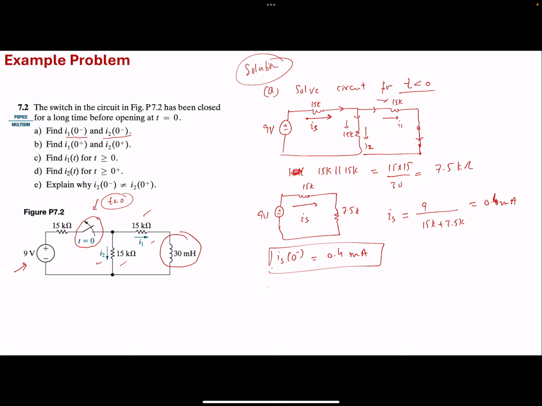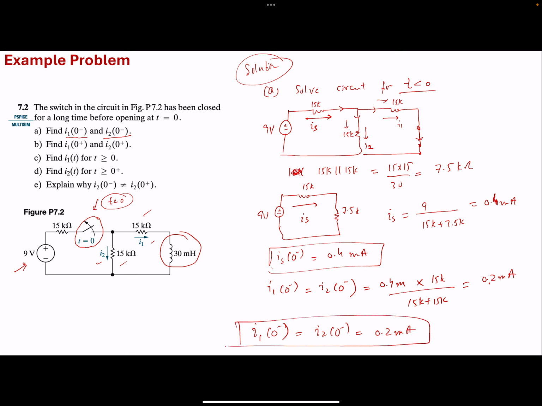So I1 at 0 negative equals I2 at 0 negative, which is 0.4 milliamperes times 15K divided by the sum of the resistors, 15K plus 15K. This is going to come out to be 0.2 milliamps. So your I1 at 0 negative equals I2 at 0 negative equals 0.2 milliamps.